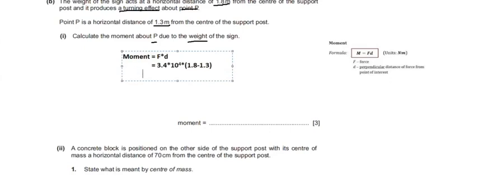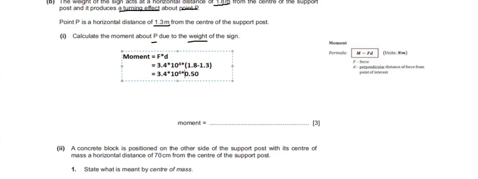Okay, so here we can write down it is 3.4 into 10 raised to 4, and 1.8 minus 1.3 is nothing but 0.50, multiplied by 0.50.